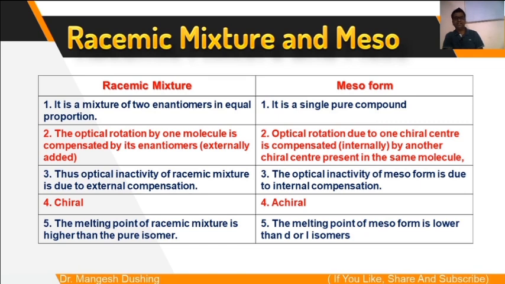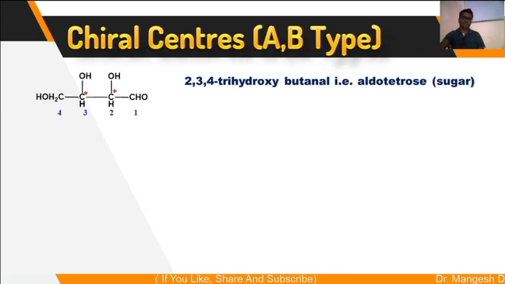The melting point of a racemic mixture is higher than the pure isomer, while the melting point of the meso form is lower than the D or L isomer. So these are the properties and differences between racemic mixture and meso compounds.